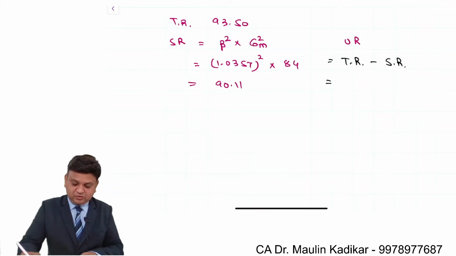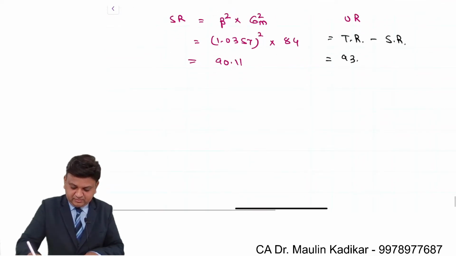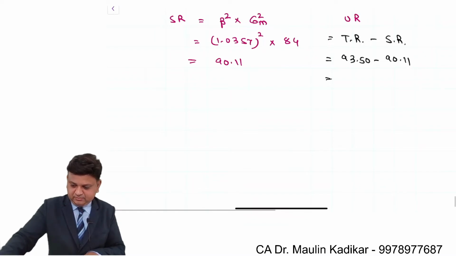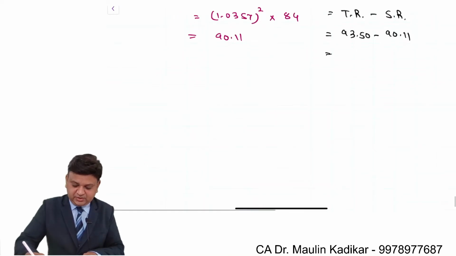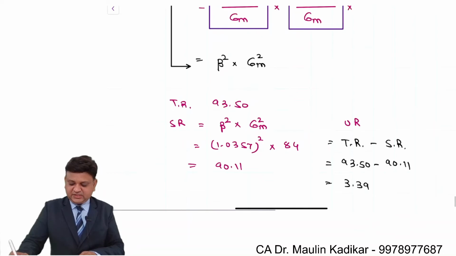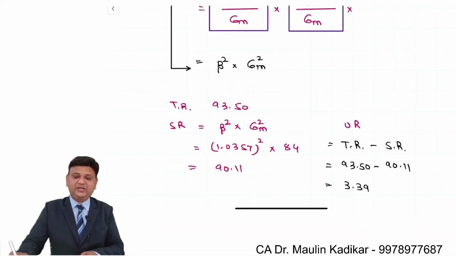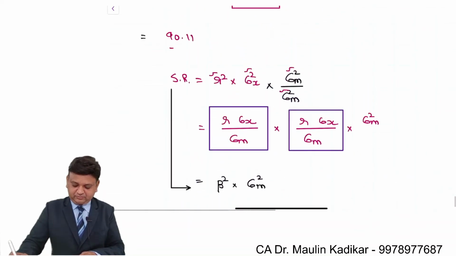What is total risk? Total risk is 93.5 minus 90.11. That comes to 3.39. This is the way the unsystematic risk can be calculated as balancing figure.